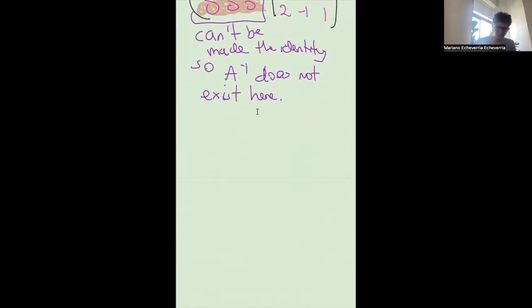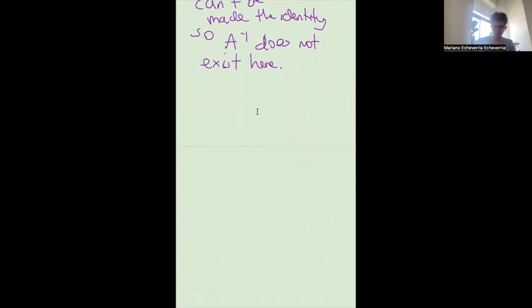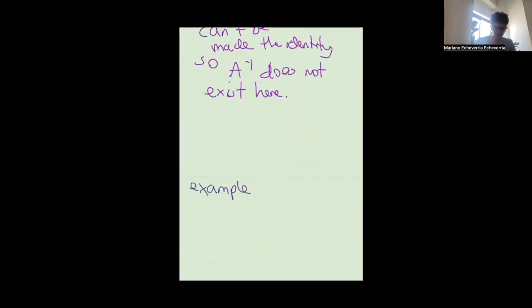Okay, let's find the inverse. Here's another example. Just to make this one faster, determine if A inverse exists for A.